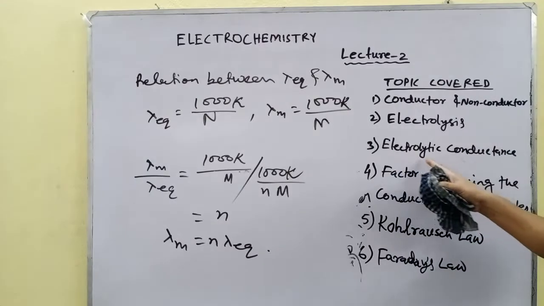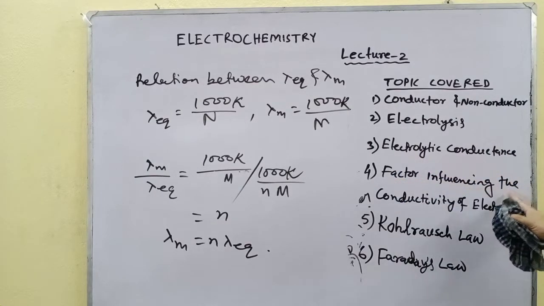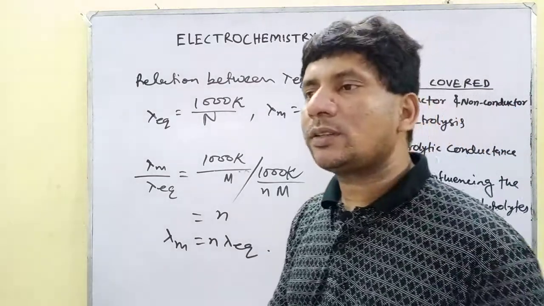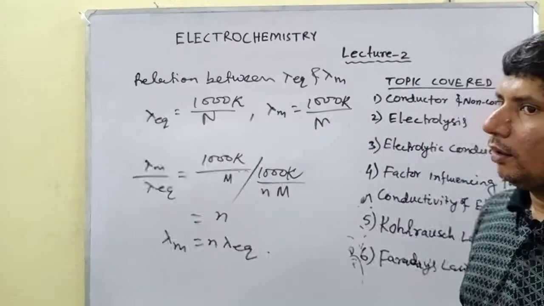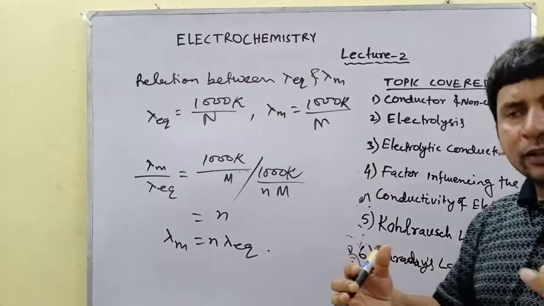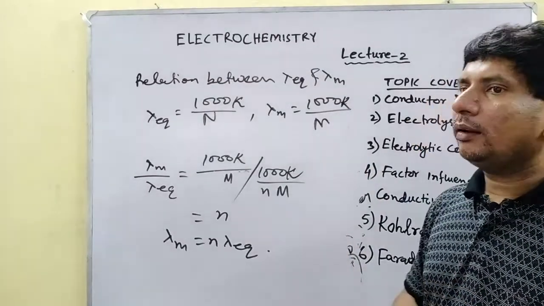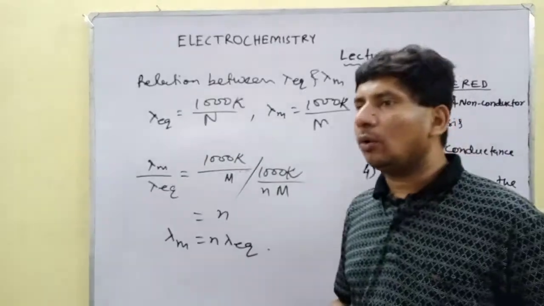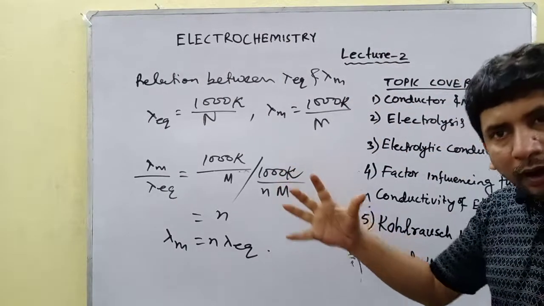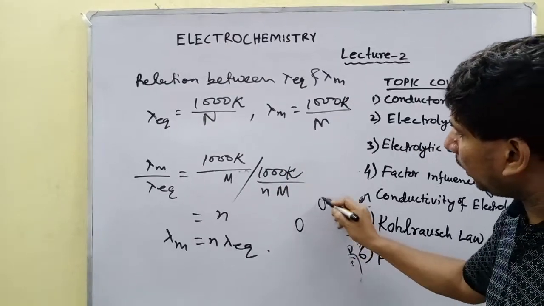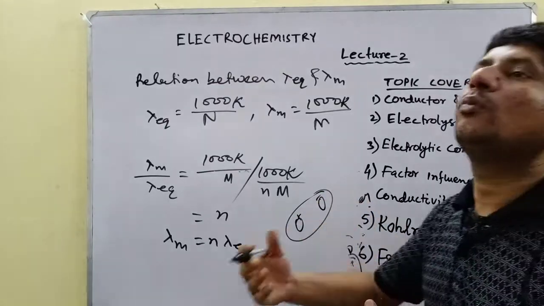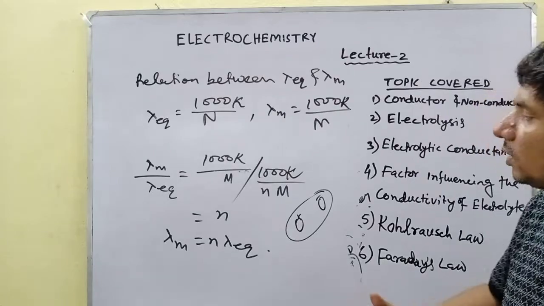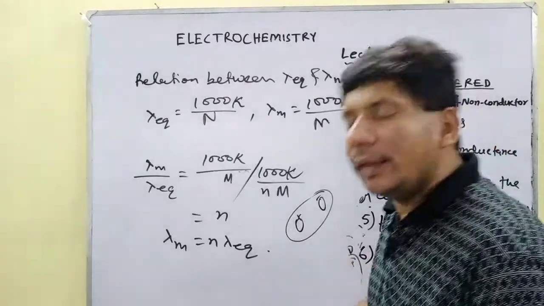And there are factors influencing the conductivity of electrolytes. The first thing is inter-ionic attraction. If the inter-ionic attraction is more, then conductance will be low. If one ion and another ion, plus and minus, attract each other, they are not moving fast, so the conductance will decrease.